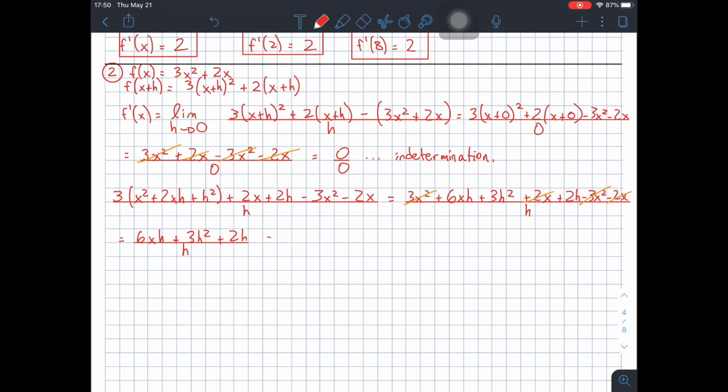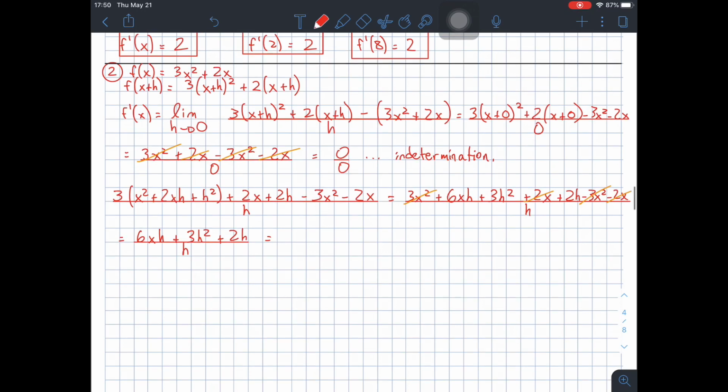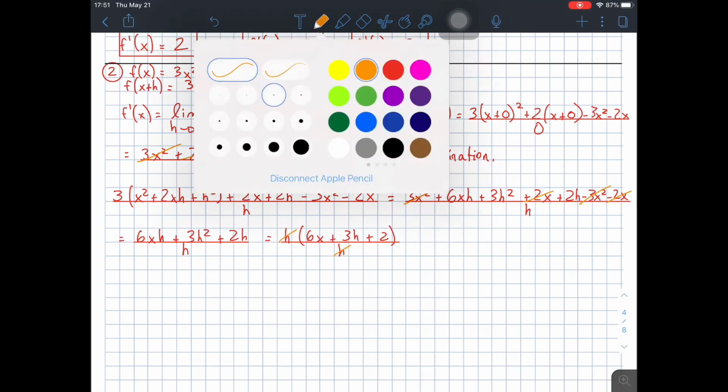So I can take that common factor out, and inside the parentheses I'm going to be left with 6x plus 3h plus 2, divided by h. And here I'm simplifying what is causing the indetermination, which is the value h. This cancels out with this.